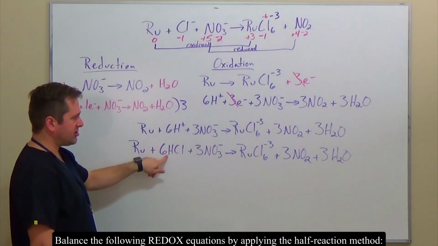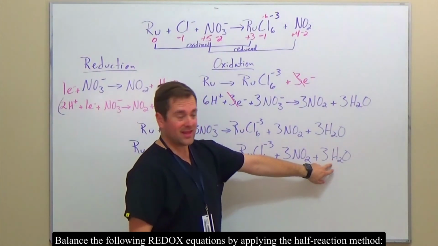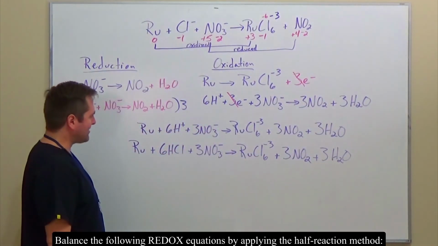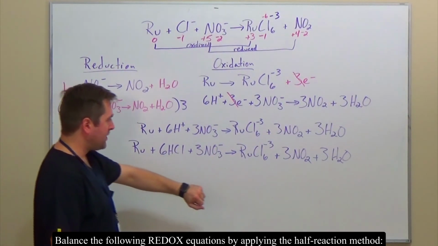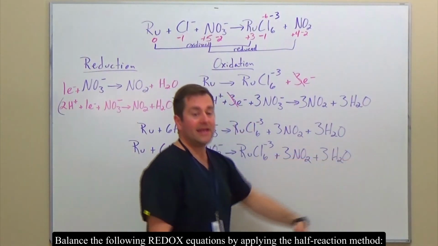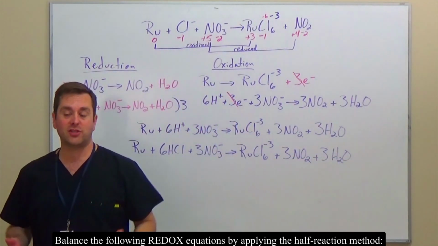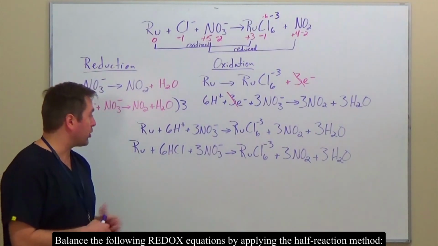We have 6 hydrogens here on the left, and over here on the right we have 2 times 3. That's 6. And then last but not least, the oxygens. We have 3 times 3 is 9. And then over here we have 2 times 3 is 6, plus 3 is also 9. So the oxygens are now balanced, and this entire redox reaction is balanced, and we're good to go.